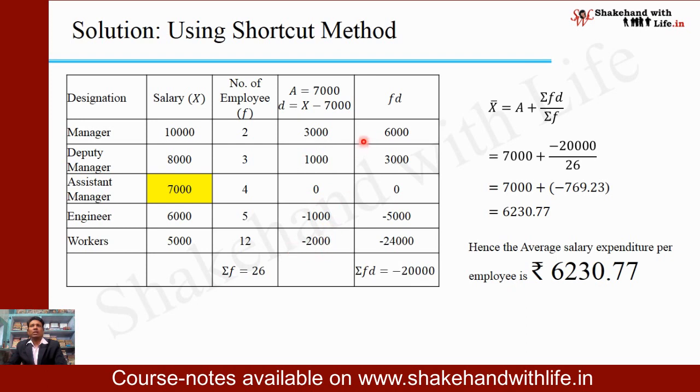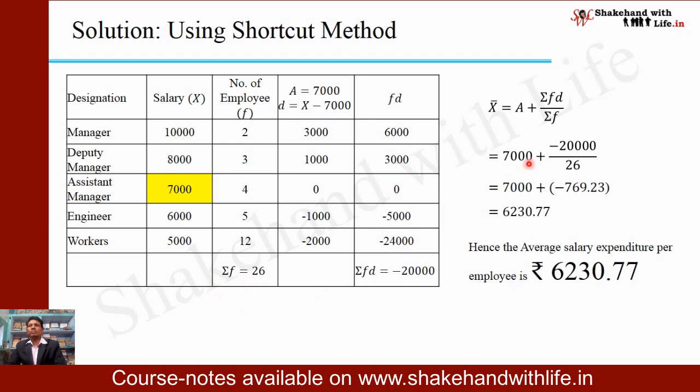Then find FD, the multiplication of column 3 and column 4. This is 2 multiplied by 3,000, 6,000; 3 into 1,000, 3,000; 4 into 0, 0; 5 into minus 1,000, minus 5,000; and 12 into minus 2,000 is minus 24,000. So sigma FD is minus 20,000 and sigma F is 26.